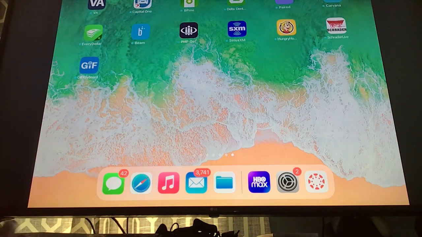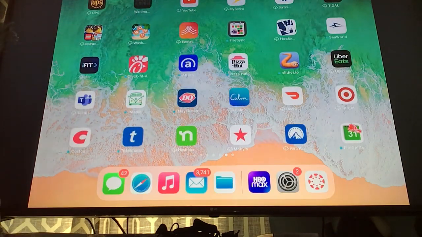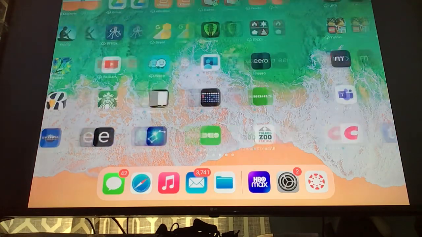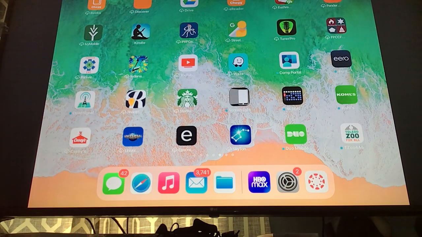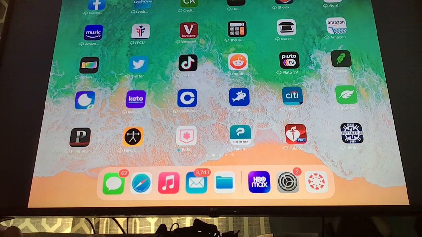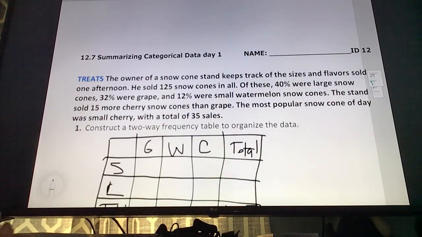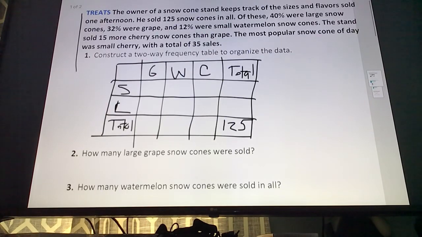It looks like he doesn't have it on here. Okay, so on your calculator, you would type in 40%, so that's 0.40. I have it on my phone.